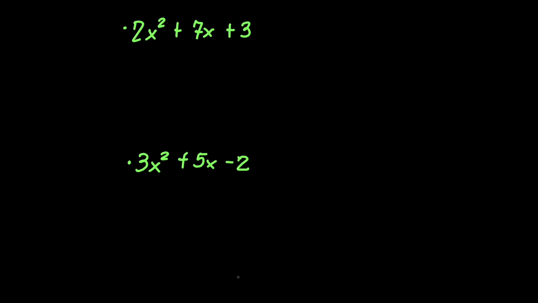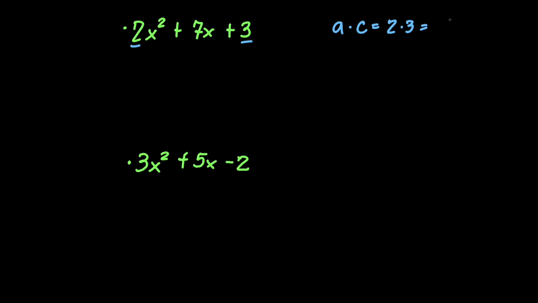Let us start with factoring trinomials, wherein a in this case is not equal to 1 and is also not a perfect square trinomial. So what we're going to do first is to multiply a times c. A here in this case is 2 multiplied by c, which here is 3.